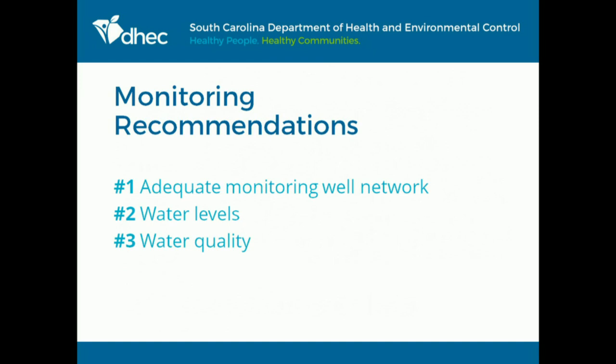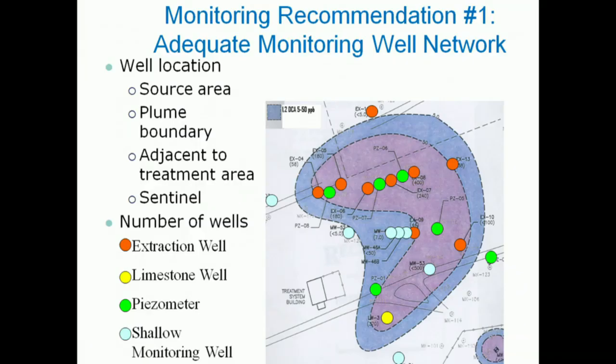So here is our next little exercise. It's sort of tricky, but you can look at your map and tell me, do you believe the monitoring well network is adequate?